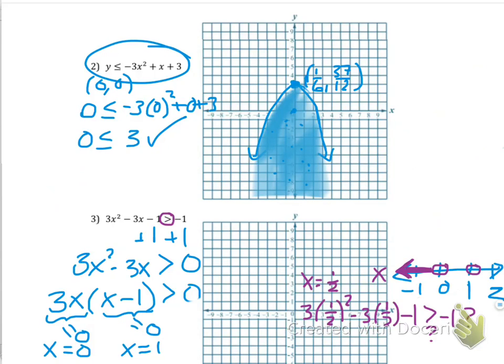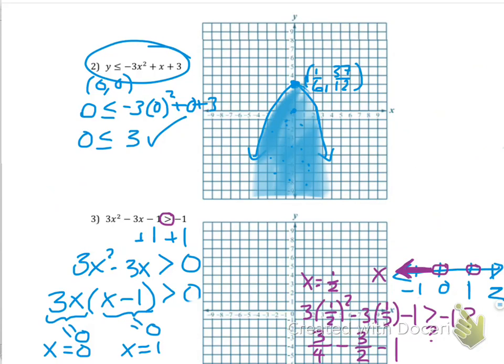Okay, 3 times 1/2 squared, that's 3 over 4, minus 3 over 2, minus 1. So I've got 0.75 minus 1.5 minus 1. And we want to know, is that greater than -1? Well, let's see here.